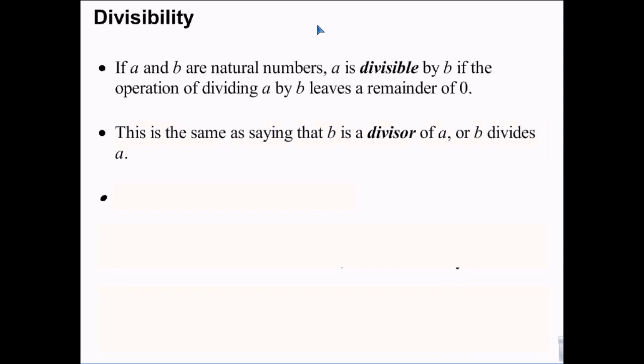Divisors divide into the numbers. So if you think about when we talked about long division back in the day, 27 will divide evenly by 3, so 27 is divisible by 3, and 3 is called the divisor.